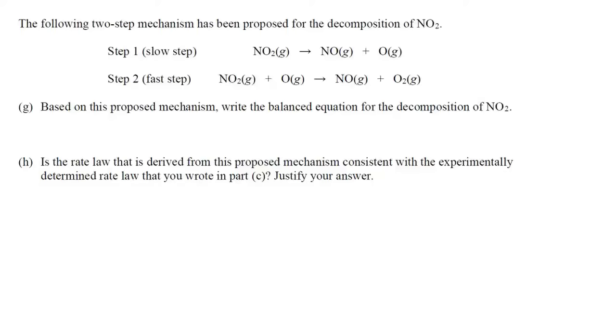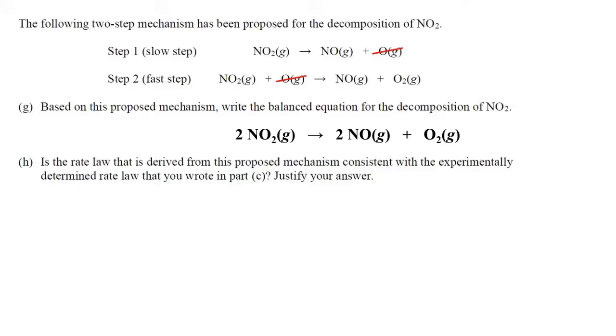So I see molecular NO2 is decomposing to NO and atomic oxygen, but then the atomic oxygen is actually consumed as a reactant in step 2. So I cross that off. And then there is my overall balanced chemical equation with 2 moles of NO2 on the left, 2 moles of NO on the right, and 1 mole of O2.